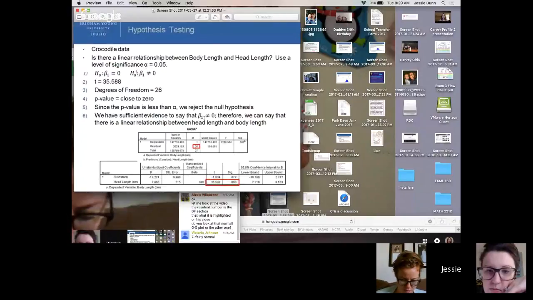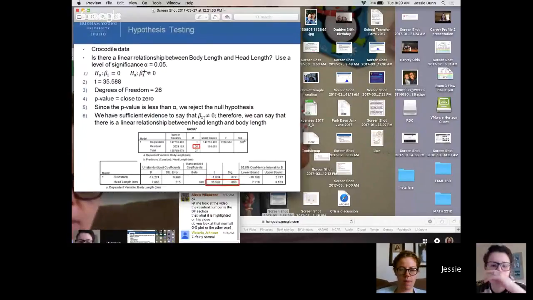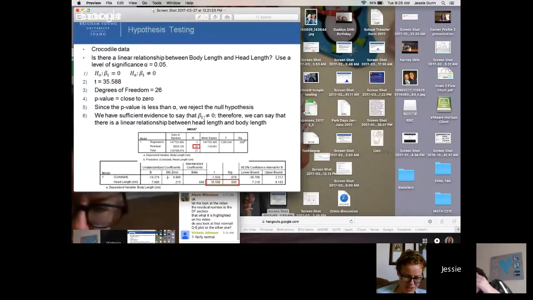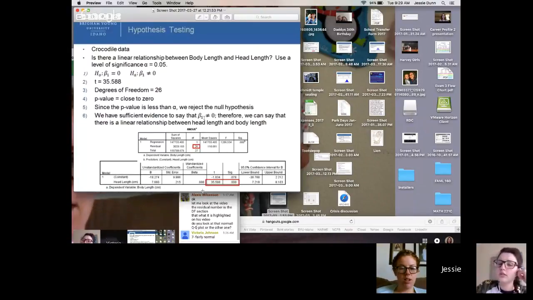I forget all this. Man, I thought I had this all done. Okay. It's in the coefficient box. I think so. Yeah. Is it the T or the? Oh wait. Okay. Row 1 is B0. Row 2 is B1. Coefficients box.